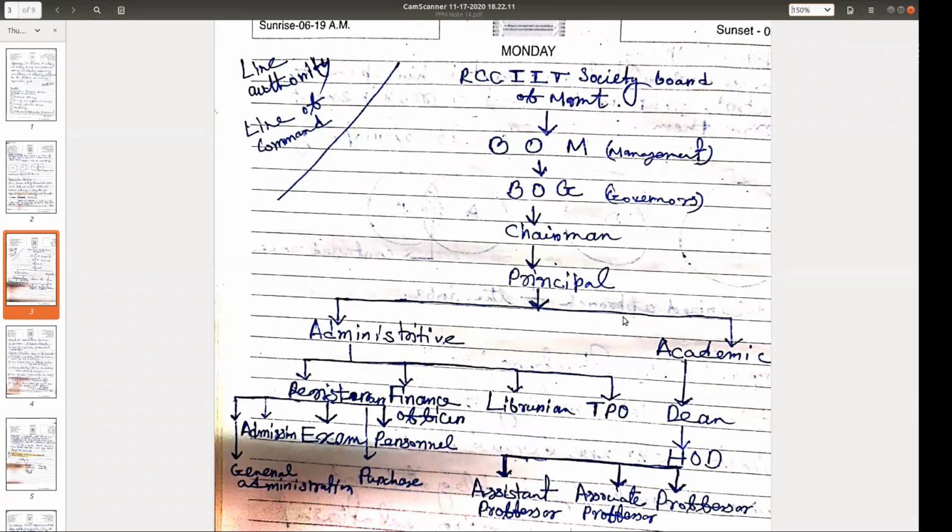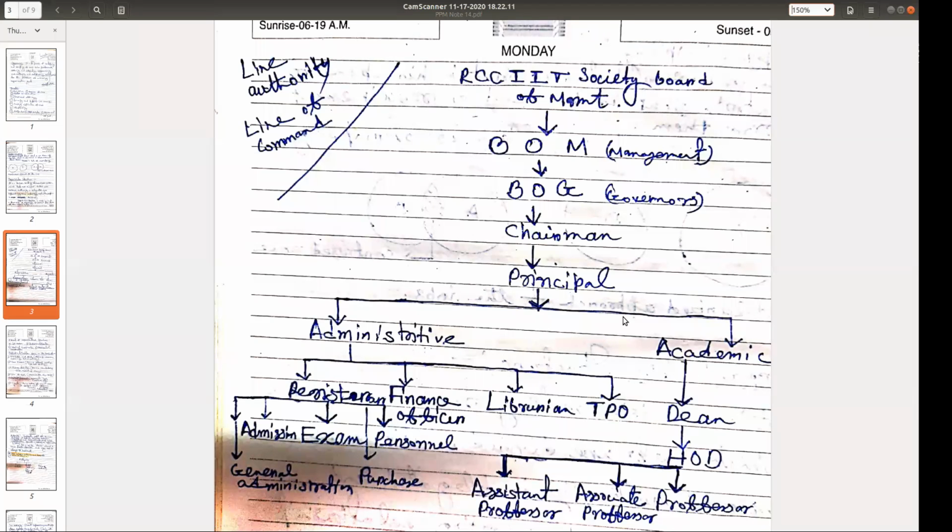Then under the principal of the college or institution, whatever you say, there are two parts. One is the administrative section, another is the academic section. Now if we come to the academic section, there may be a dean, maybe HODs. Under the HODs, there may be assistant professor, associate professor, professors.